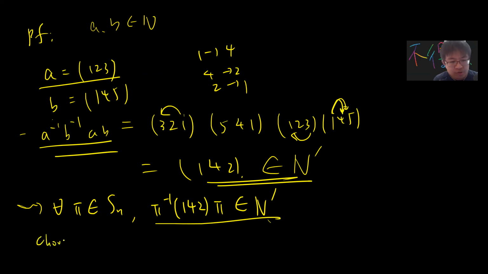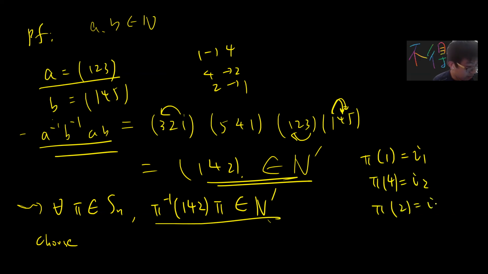So you just choose for every pi, let's say pi maps 1 to i1, 4 to i2, and 2 to i3, where i1, i2, and i3 are distinct integers. So you take any 3-cycle, right? And then you put this in. But this will tell you what?